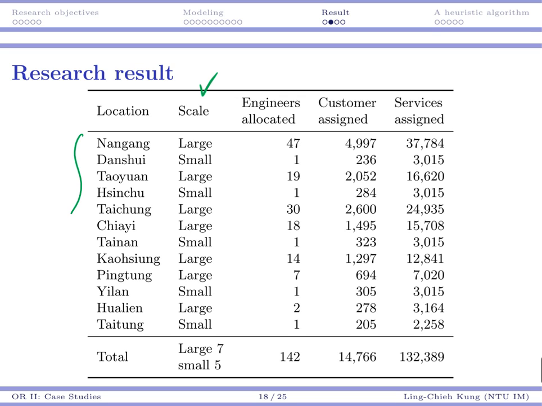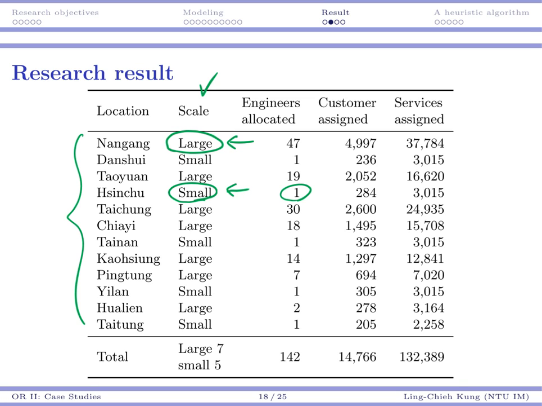We still want all the facilities, but for each facility, the company gives us two options. Either we keep the current setting, which means a large scale, or we cut down or shut down that facility, but give a small office with just one engineer there.